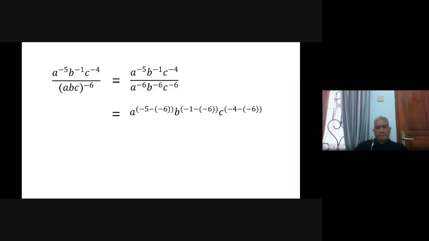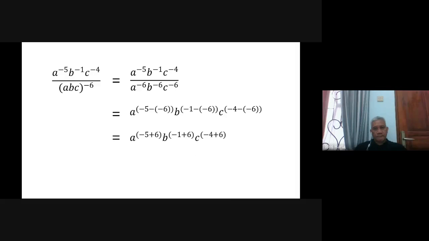You will get a to the power of -5 minus -6, and b to the power of -1 minus -6, and c to the power of -4 minus -6.